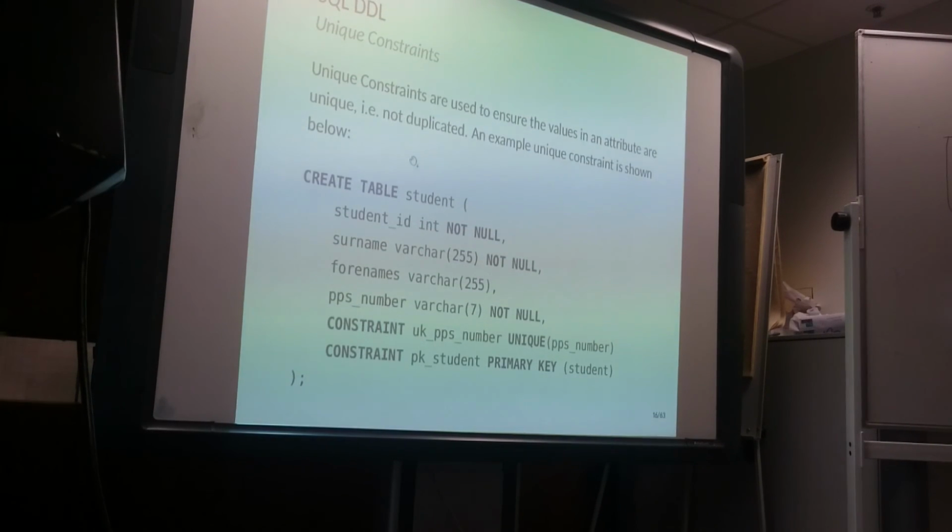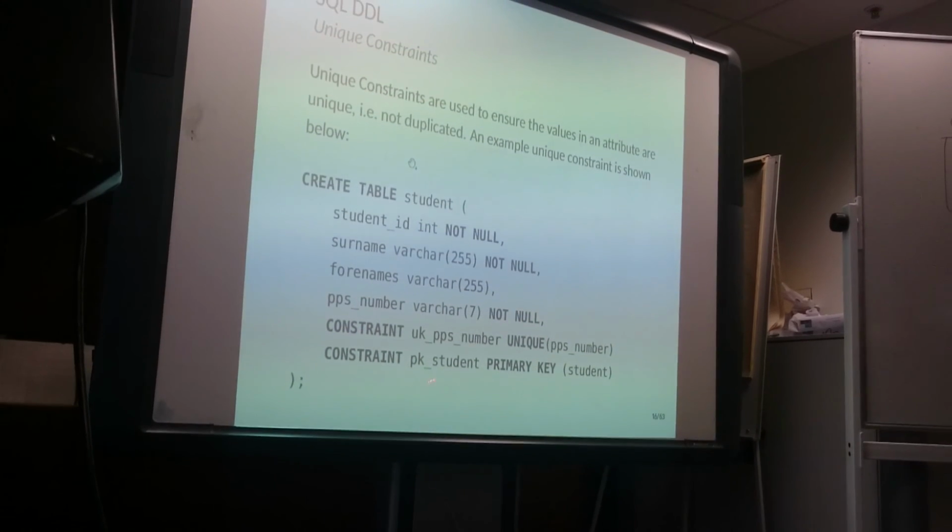Do we need a unique constraint on the primary key? Most likely not. It's implied. If something is a primary key, it must be unique. Well, you get the idea anyway. So any column that must contain unique data, you use the unique constraint specifier.